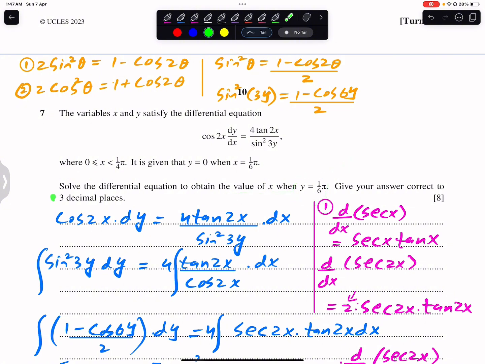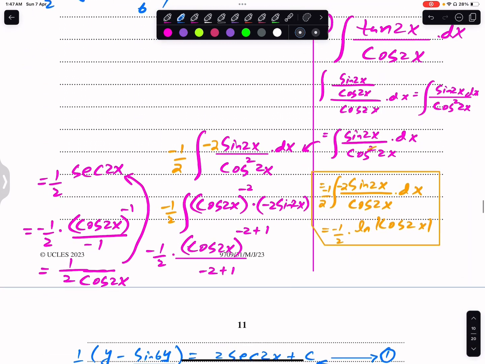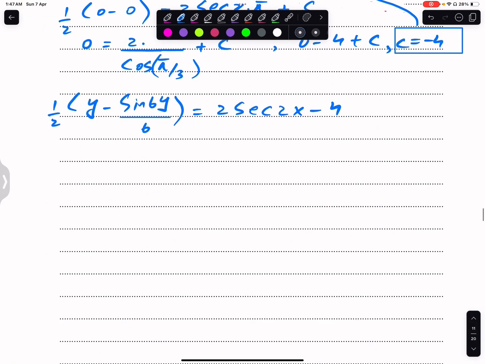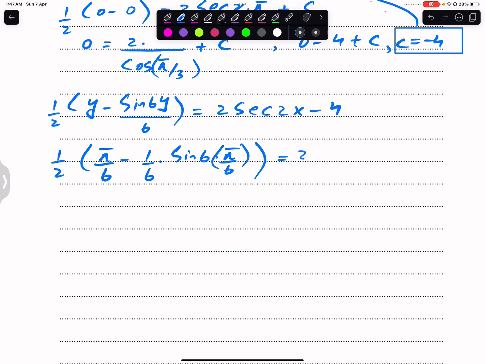Give the answer correct to 3 decimal places. Now put y equal to pi by 6 to find the value of x. So pi by 6 minus 1 over 6 times sine 6 pi by 6 is equal to 2 times secant 2x minus 4, because we want to find x.